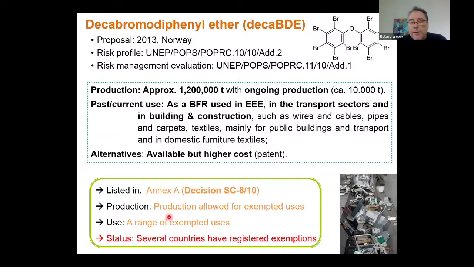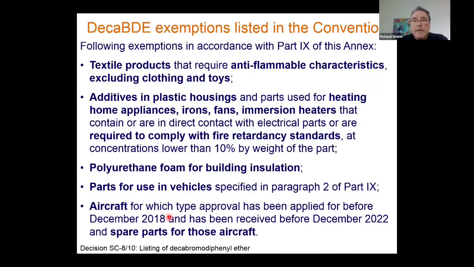The current status is that several countries have registered for the exemptions. The exemptions for Deca-BDE in the Stockholm Convention include use in textile production, where textiles need to be non-flammable, but not for clothing and toys.